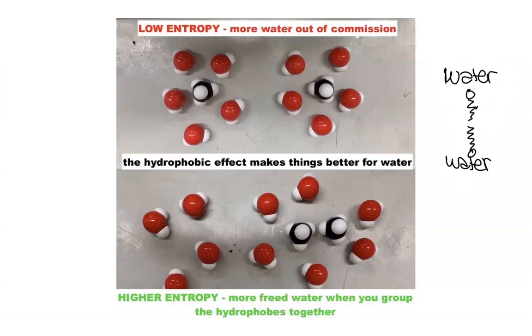It's most easy to see this in the case of a soap, where you have some sort of hydrophilic head and a hydrophobic tail, and those are going to be in the water. And so you get something called a micelle, and in some cases something like a bubble. But all of those things are going to be optimizing those water-water interactions and minimizing the water-nonpolar interactions.